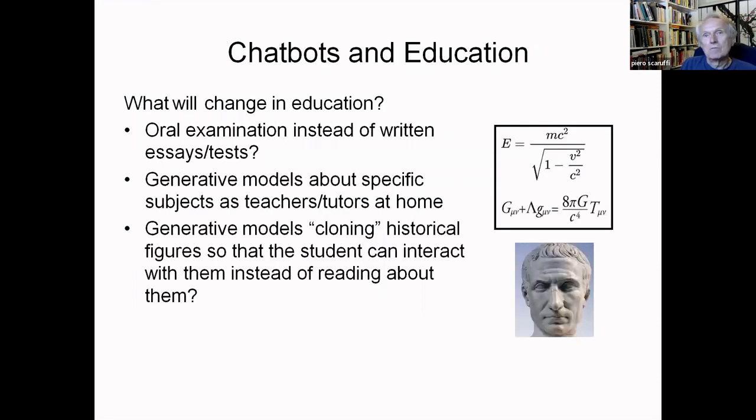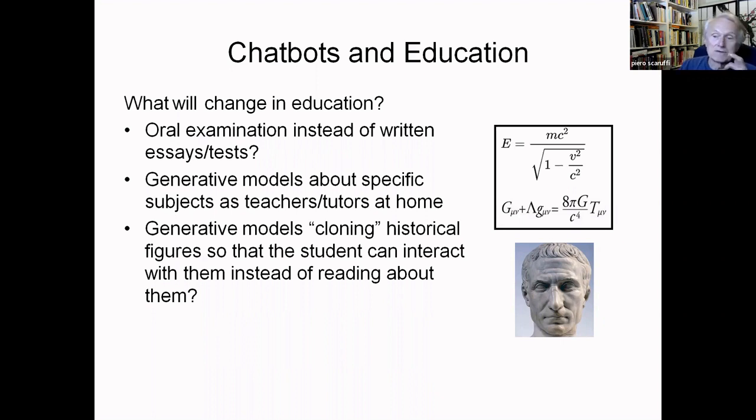Now, one of the main questions being asked in academia is the impact on education. Well, yes, students will be able to write essays more easily. I can see more creative ways to use this technology. For example, one could create generative models about specific subjects. For example, about relativity.